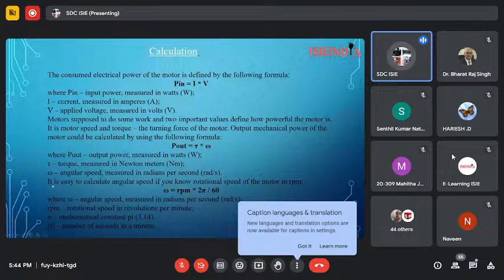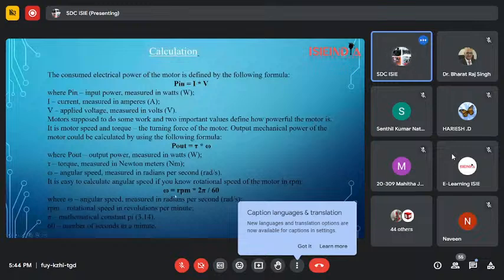We can easily calculate the angular speed if we know the speed of the motor in RPM. We can get this RPM easily with the help of a tachometer.